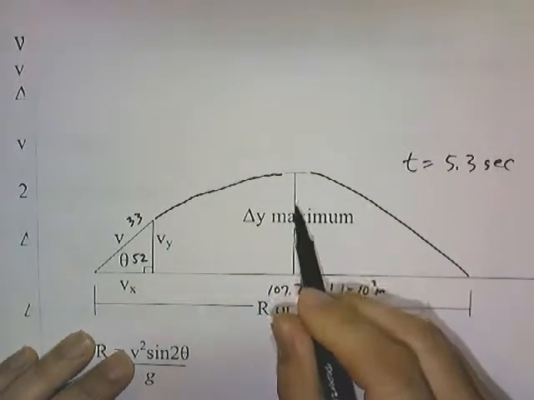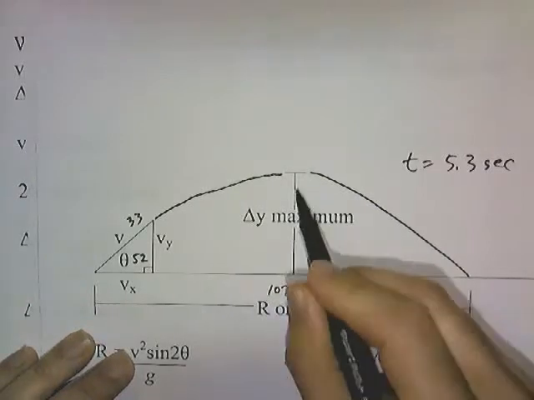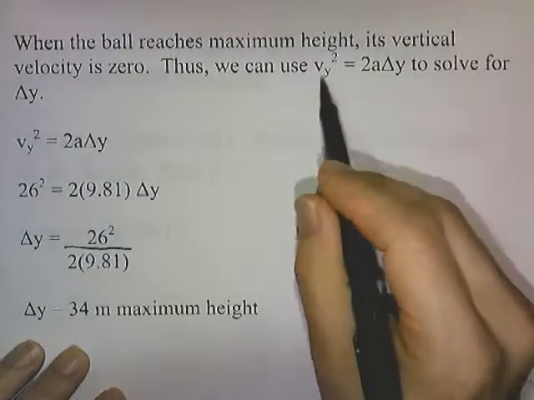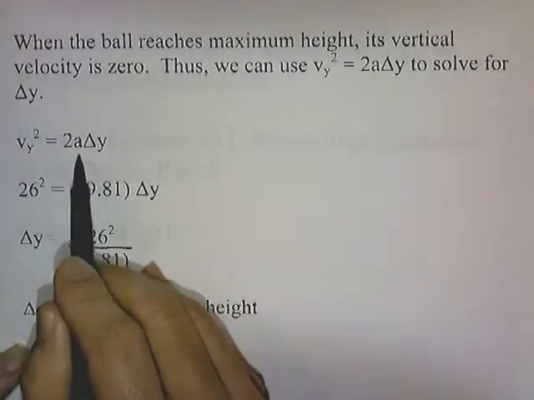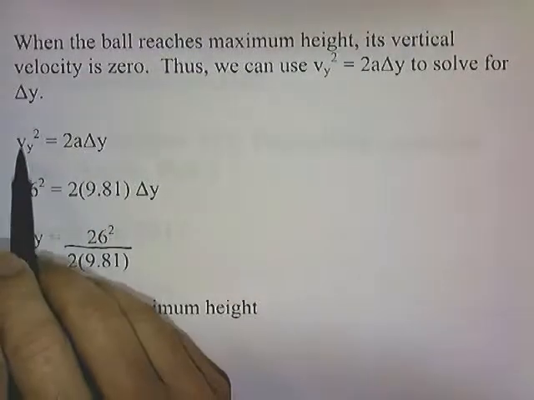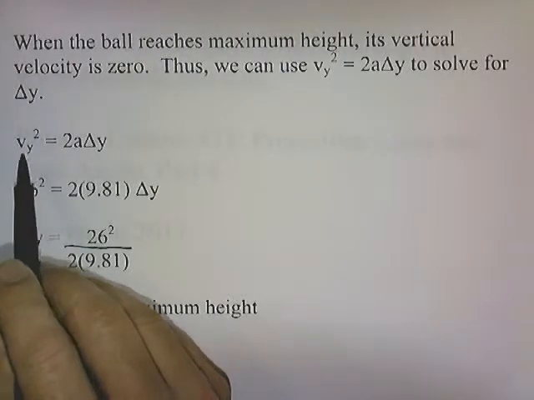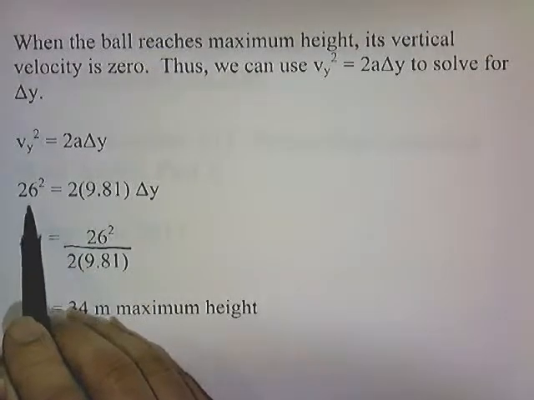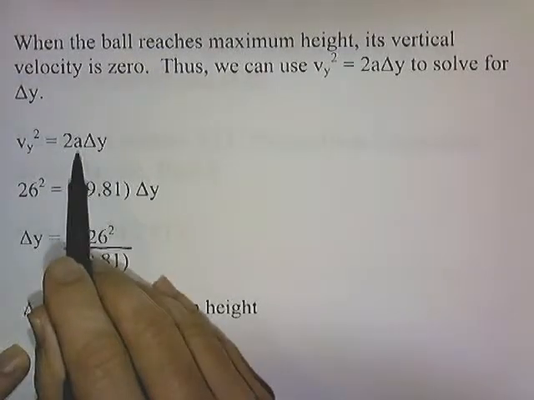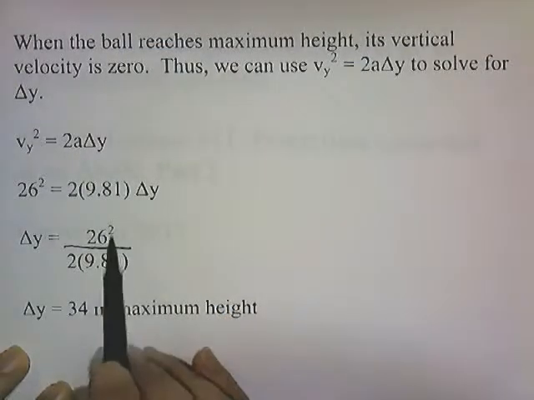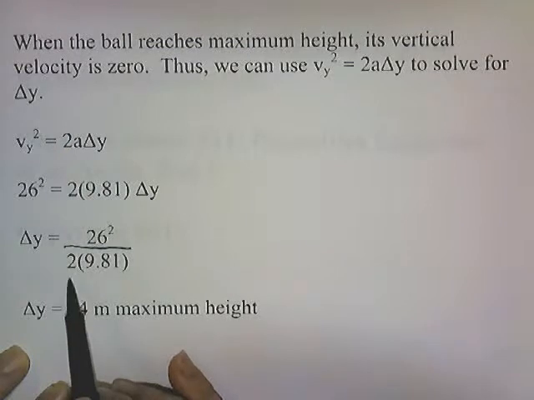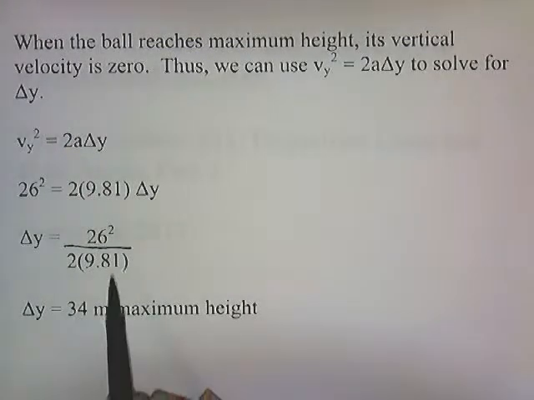So v squared equals 2a delta y, and the initial vertical velocity was 26, so 26 squared equals 2 times 9.81 times delta y. Rearranging, delta y is 26 squared over 2 times 9.81, and solving for this, you'll get 34 meters.